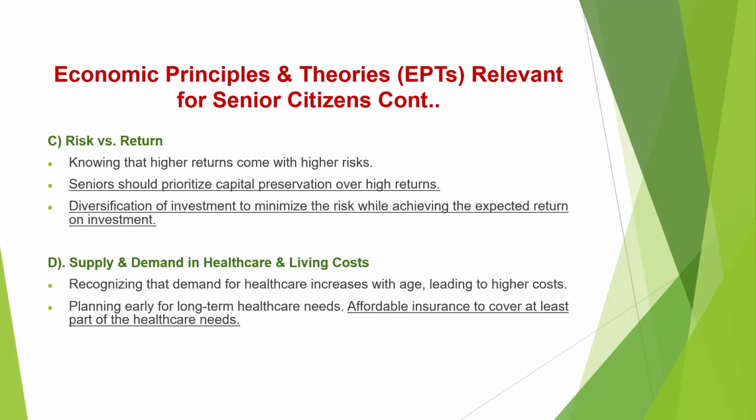Okay, the risk versus return: high-risk returns, basically we have to avoid them. That is the key concept, especially as far as the senior citizens are concerned. They won't be able to, if something goes wrong, whereas as juniors, I mean junior citizens, if you do something and it goes wrong, you have time to rebuild.